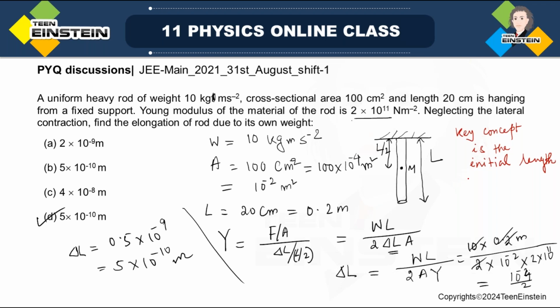Initial length, actually that is the position coordinate, the position coordinate of the center of mass you have to take from the fixed point. Position coordinate of COM.